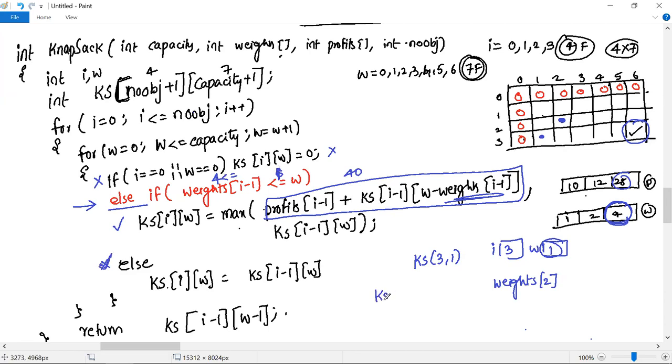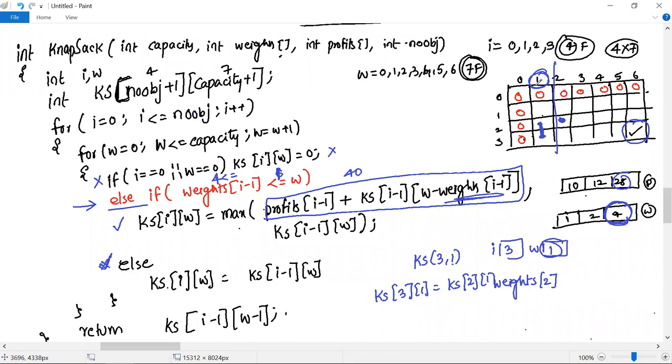What it is telling, ks of 3 comma 1 is nothing but ks of 2 comma 1, right? So for this, what value you will get? Whatever the value is present in 2 1, this value only we need to take. Why? Because this is the maximum capacity I have, right? Only one capacity I have.